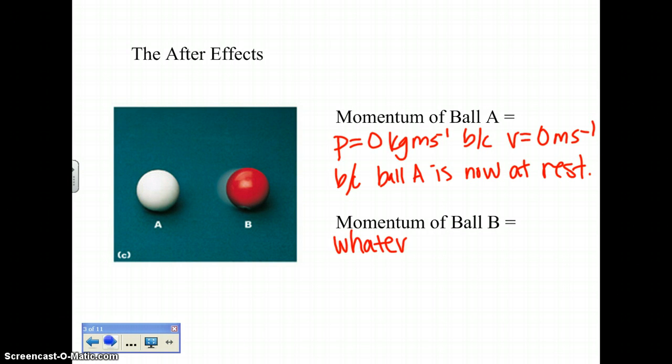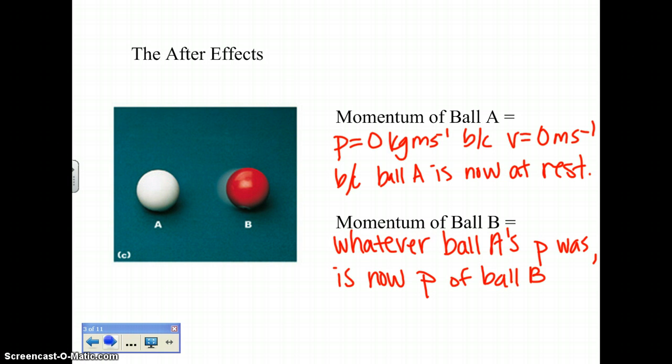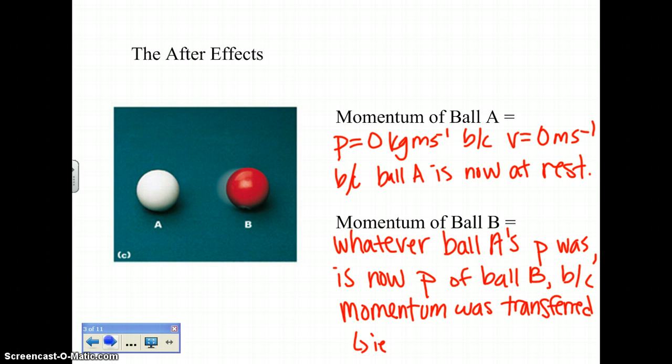So whatever ball A's momentum was is now P of ball B. This is because momentum was transferred, i.e., conservation of momentum.